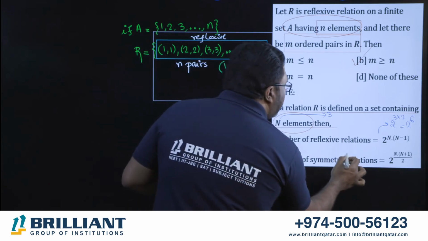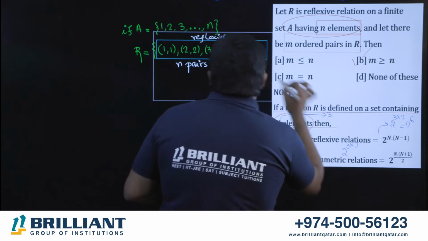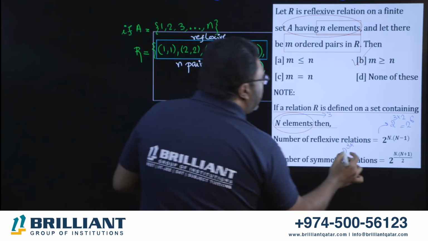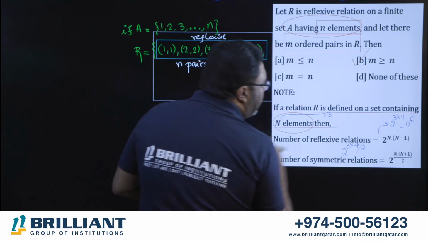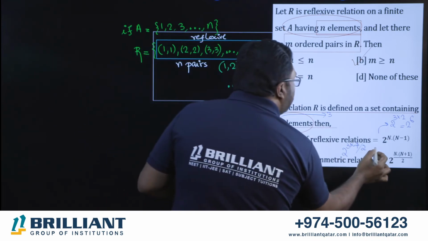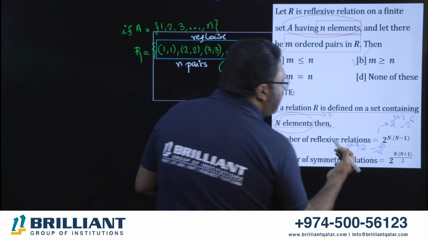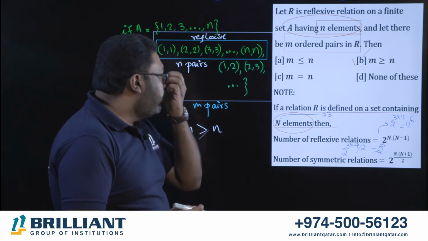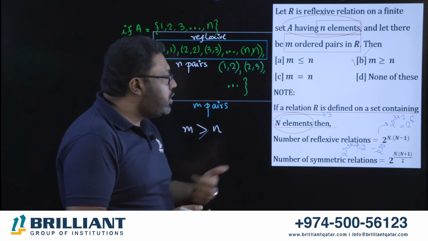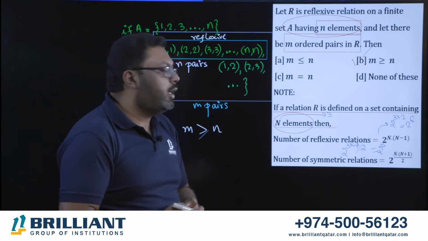What about symmetric? 2 raised to 3 into 4 divided by 2, that is n(n+1)/2, which is again 2 raised to 6. This is also 2 raised to 6. So a set containing 3 elements can form a maximum of 2 raised to 6 reflexive relations and 2 raised to 6 symmetric relations.